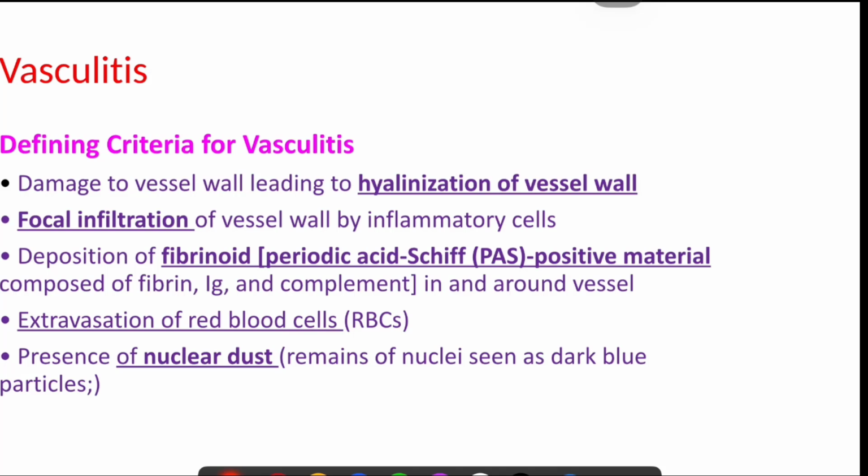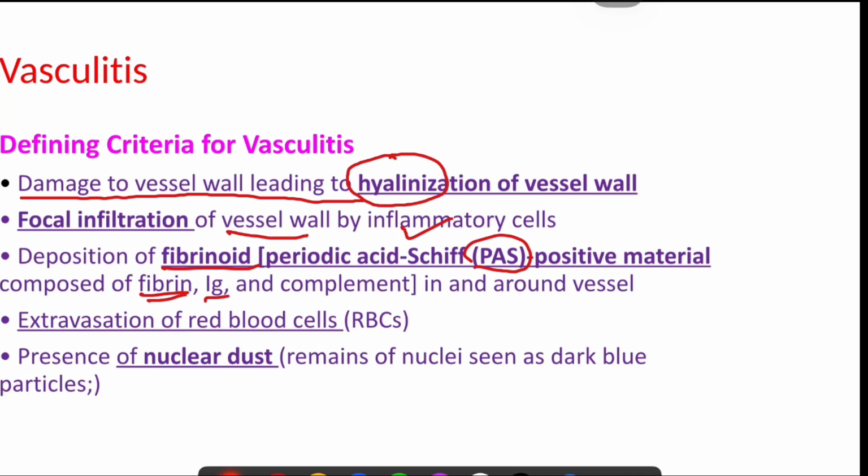So, what are the defining criteria? First of all, there is damage to the vessel which leads to hyalinization. So, first is hyalinization of the vessel wall. Second, infiltration of the vessel wall by inflammatory cells, which is focal. And third is fibrinoid, which is a PAS positive special stain, periodic acid Schiff, and is made of fibrin material, IgG and complement around the vessels.